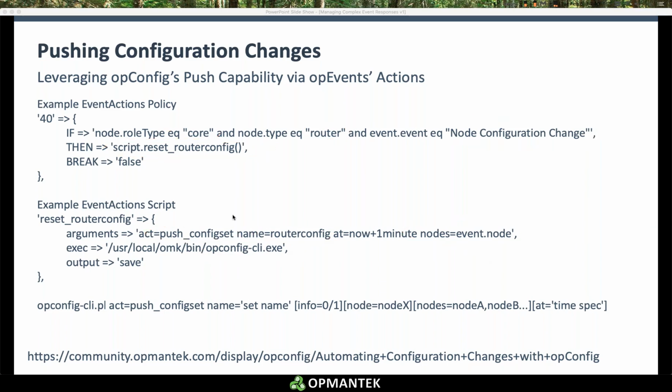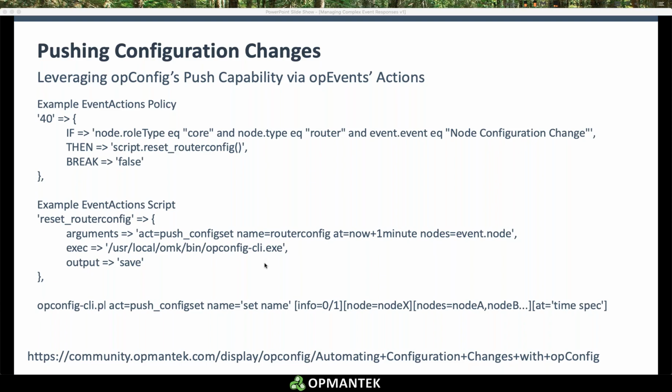So lots of different bits and pieces again. So go back to the analogy of the Lego set. If each of these individual pieces are different types of bricks that can be put together, as you start assembling something like this example, where you have an event action policy calling an event action script, that script is reaching out through the opConfig CLI to execute a configuration push.